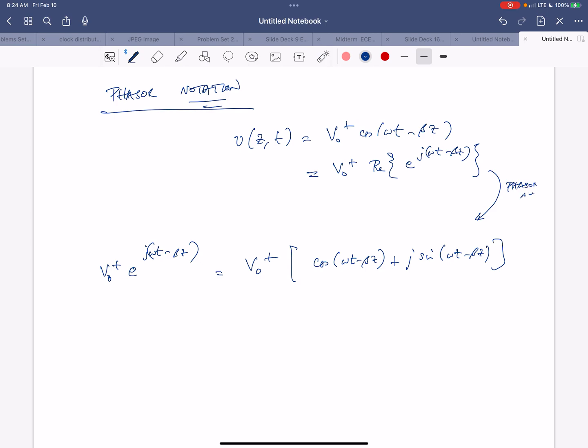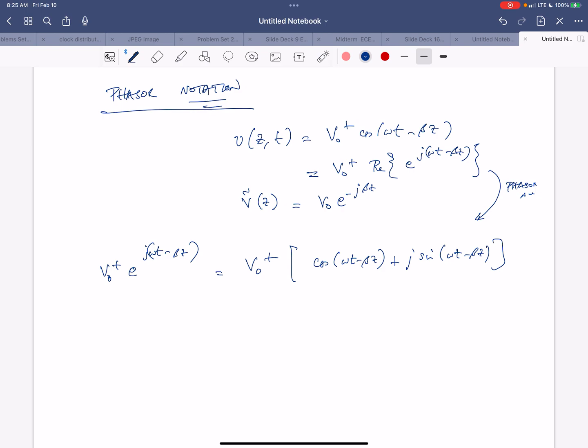So for phasor notation, instead of V(z,t), I'm going to call it V hat, as a function of z. Usually they don't add the z and t in the V hat either, but it's not really a function of t. It'd be V hat of z, because it's no longer a function of t. I'm going to drop the e to the j omega t and the real part. So it ends up being V hat e to the minus j beta z. That's the phasor notation.